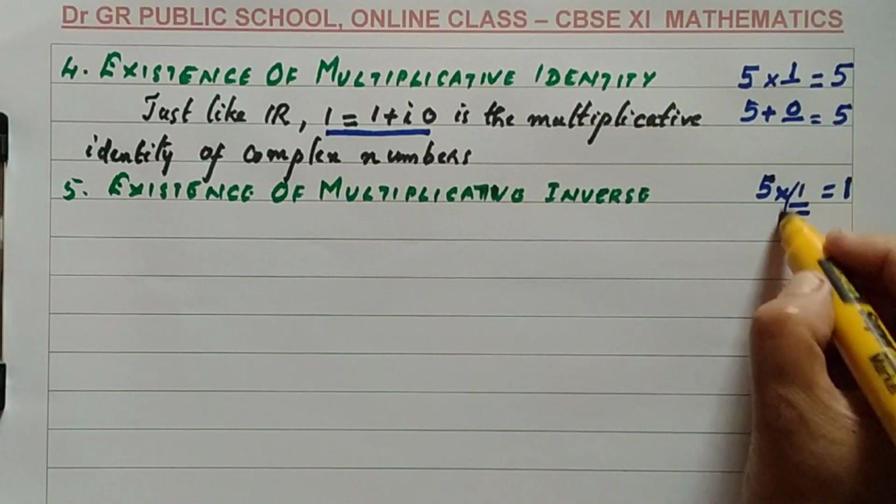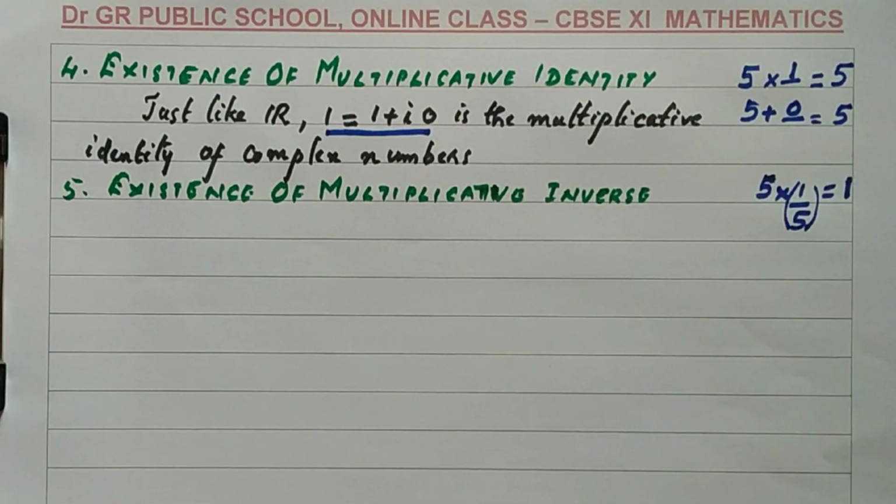Here 1 by 5 is called the multiplicative inverse of 5 in the case of real numbers.